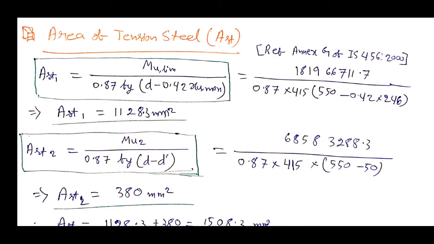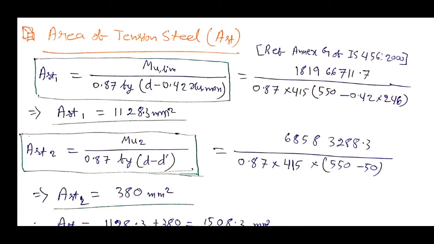From this we get AST1 equal to 1128.3 mm square. Now AST2, the additional reinforcement, is equal to Mu2 by 0.87 Fy into (d minus d dash), where the value of Mu2 is 68583288.3, by 0.87 into 415 into (550 minus 50).